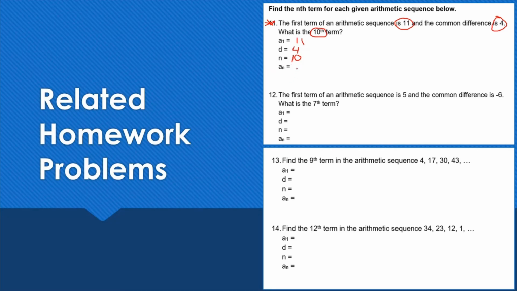And then we just need to use our formula here, which again is a sub n is equal to a sub 1 plus, in parentheses, n minus 1, multiplied by d.